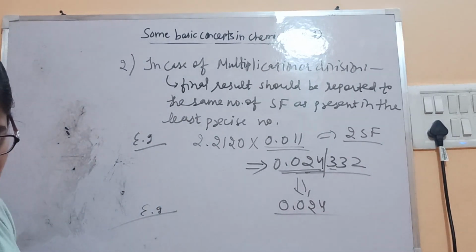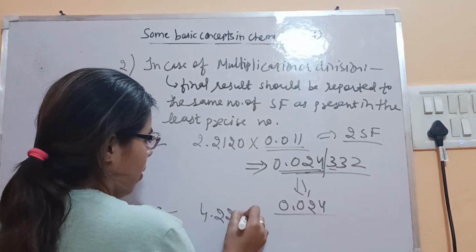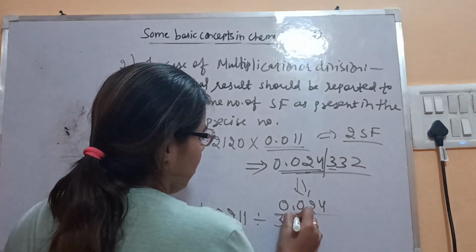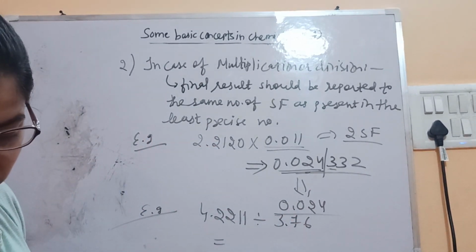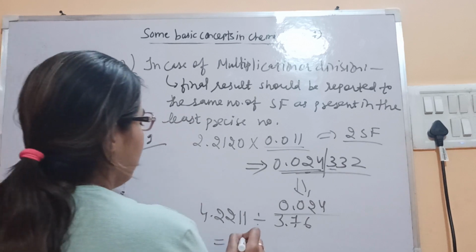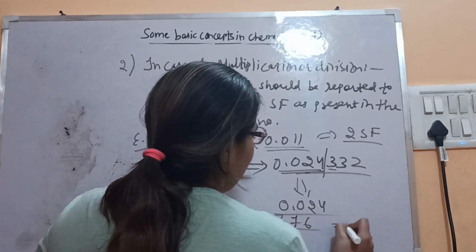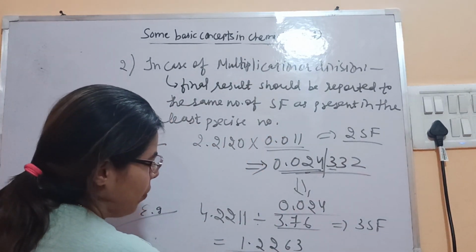Let's see the next example, a division: 4.2211 divided by 3.76. You will get the answer 1.12263. The least precise number contains 3 significant figures, so up to here you have to report the answer.